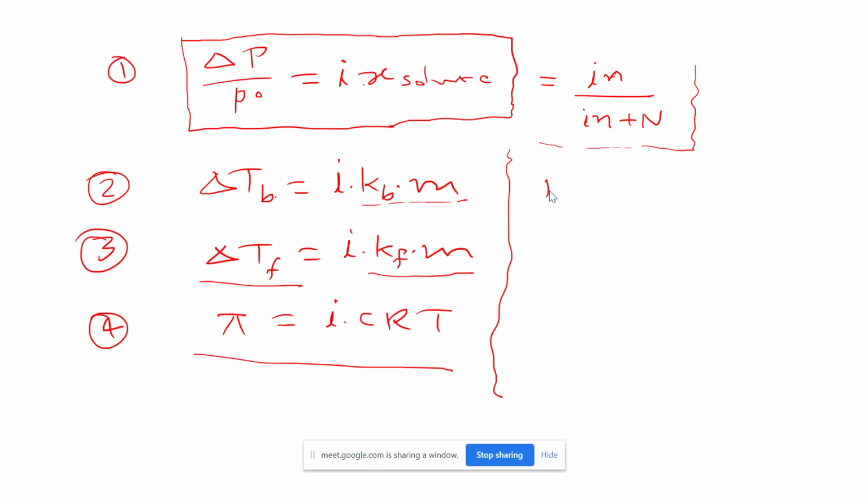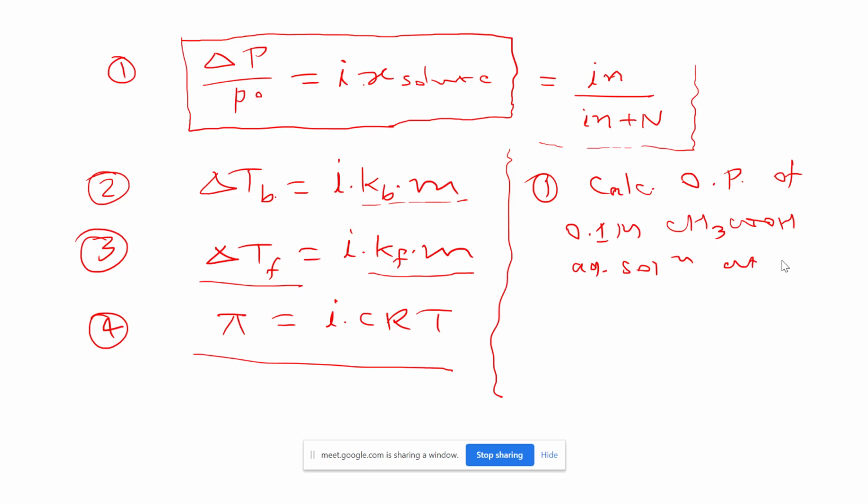And now the question is: calculate the osmotic pressure of 0.1 molar acetic acid aqueous solution at 25 degrees centigrade, if the pH of the solution is given equals 2.